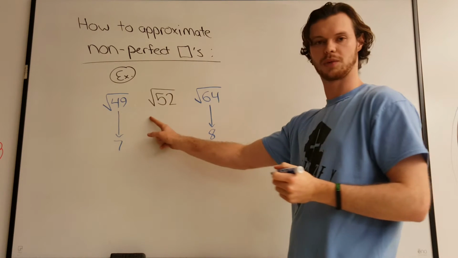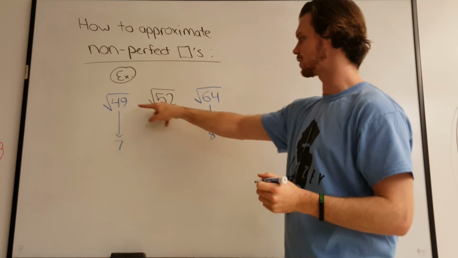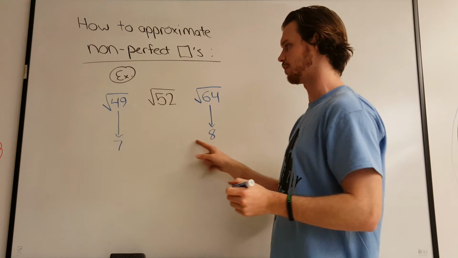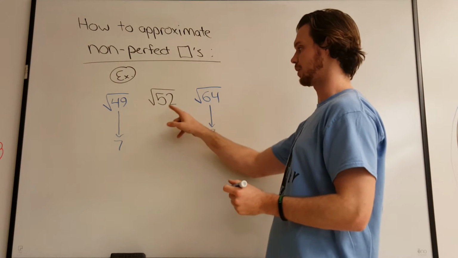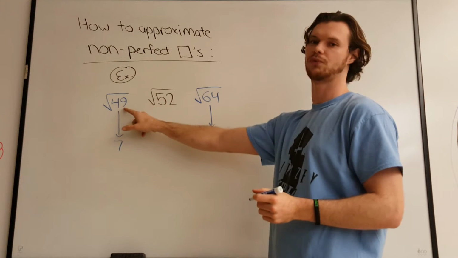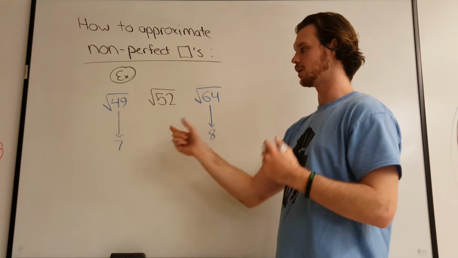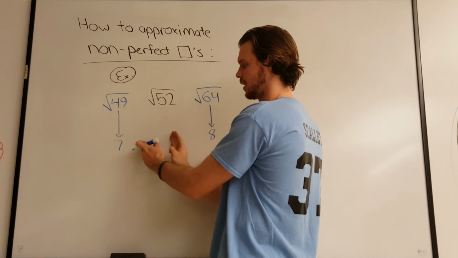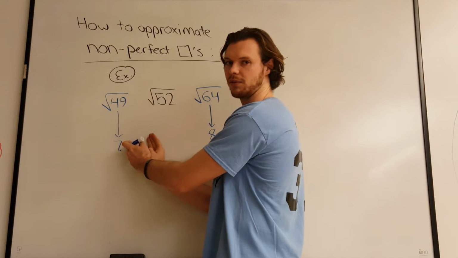So what that tells me is the value of the square root of 52 is somewhere in the middle of 7 and 8. And I should also be able to tell that it's closer to 7 because 52 is closer to 49 than it is to 64. So I have an idea that the square root of 52 is somewhere between 7 and 8, but definitely closer to 7.